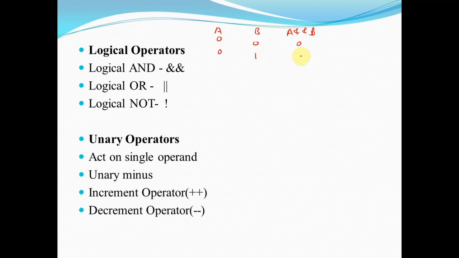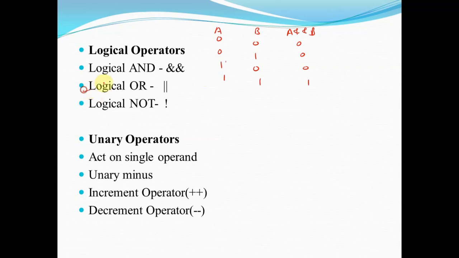If any one of the inputs is 0, the result will be 0. Only when both are 1, it will result in 1. So if both operands are true, then only the whole expression evaluates to a true value.